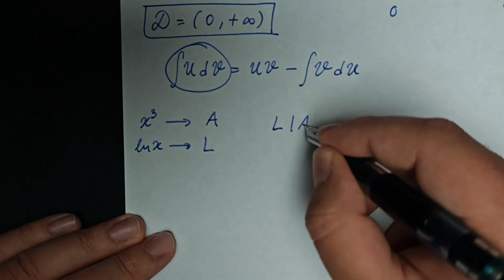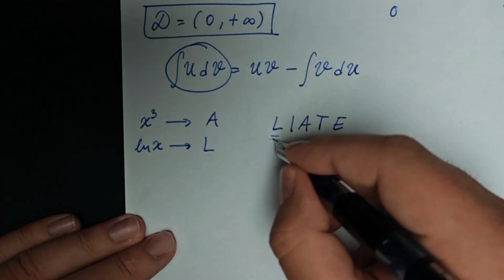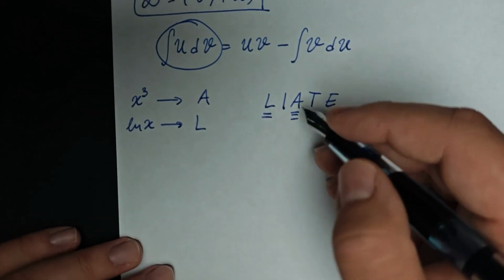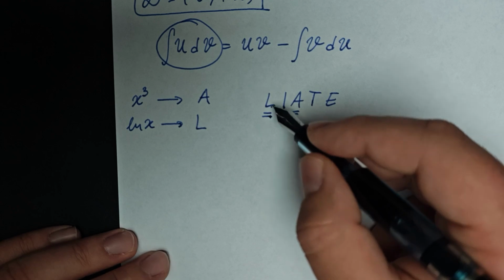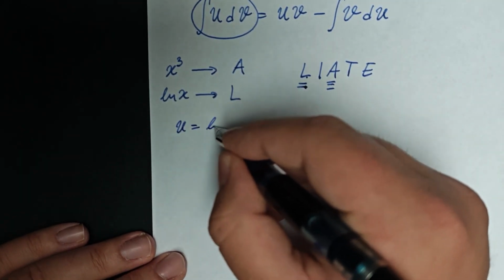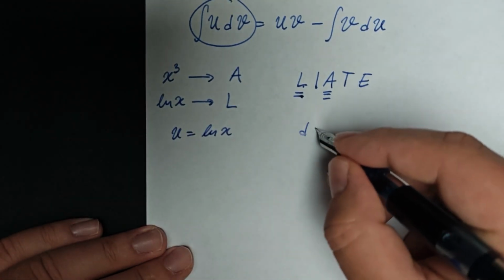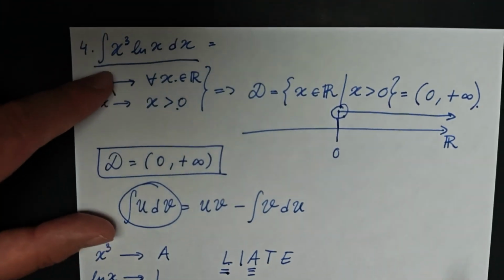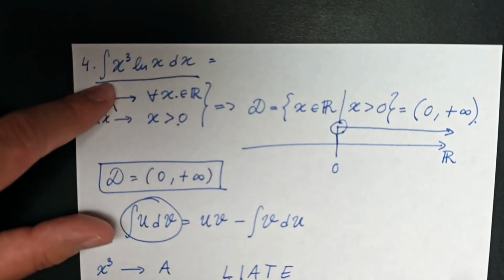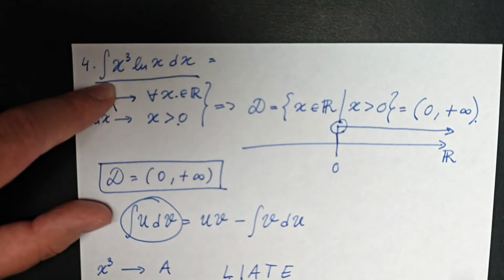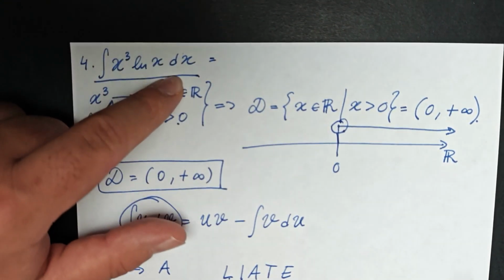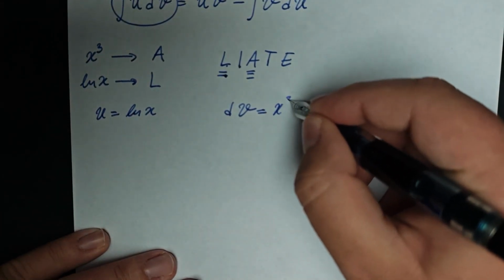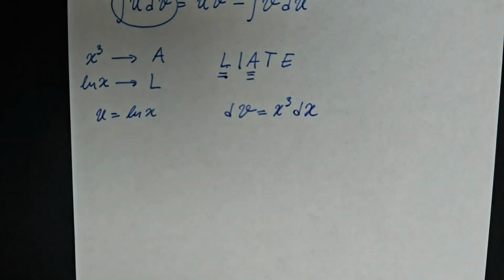Our acronym is LIATE. L stands before A. So for u, we are going to pick L, the logarithmic thing. So u is ln of x, and everything else that remains in our integral corresponds to dv. Ln of x is u, so x cubed dx remains, and that is our dv.